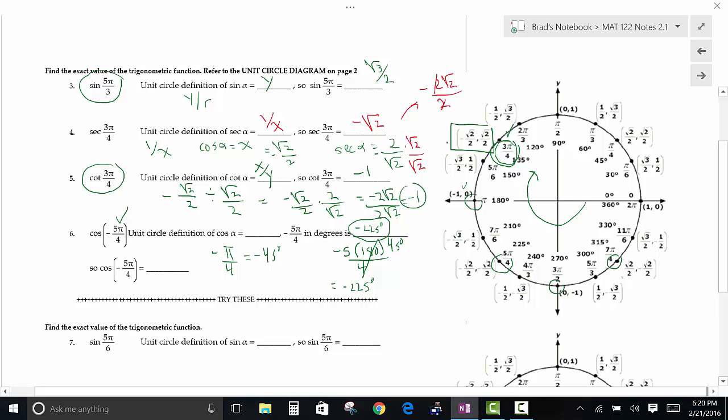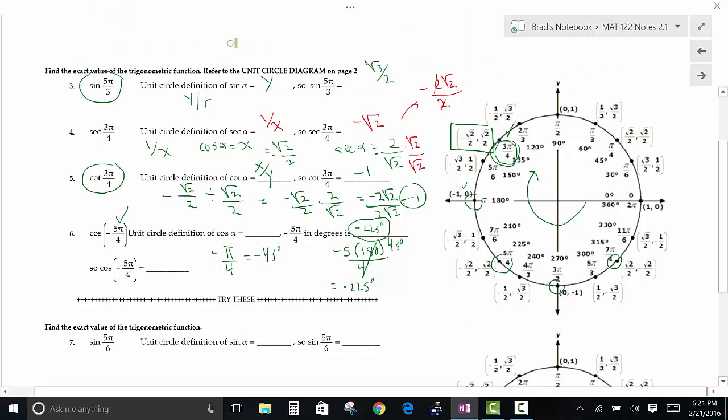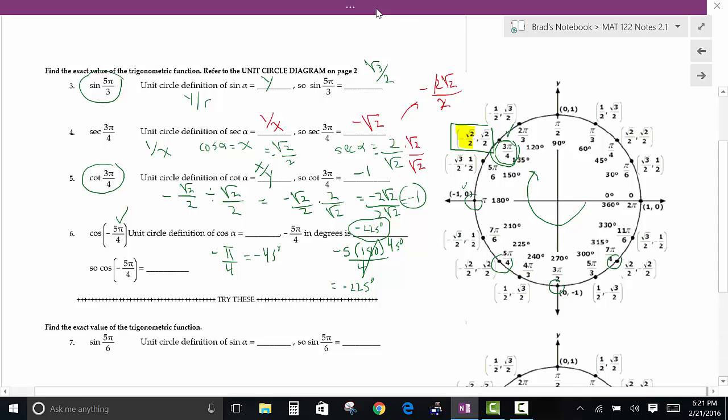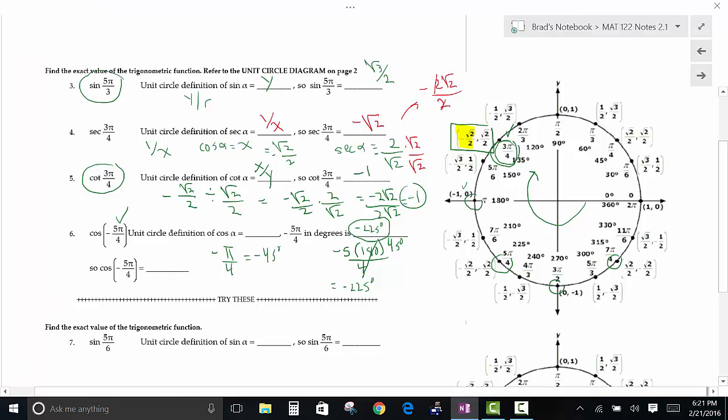Since we're finding a cosine, we're simply looking at that x value. So the answer to this problem is that the cosine is negative square root of 2 over 2. Again, the cosine is the x value. Okay? So that's how that goes.